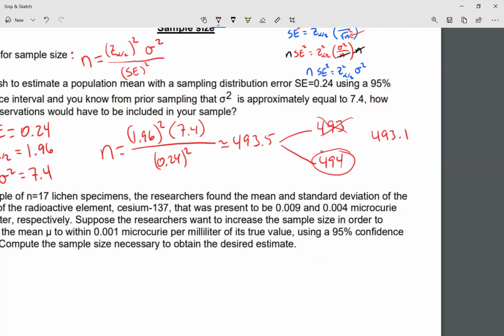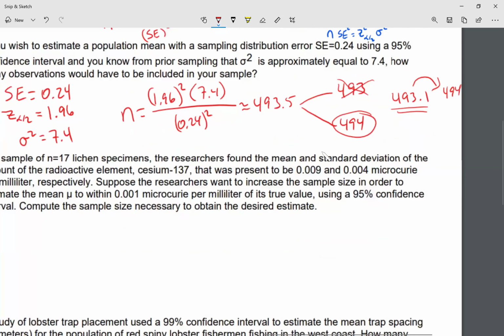You cannot round down. Because remember, if you're doing another example and you get this, what that says is less than 493.1 is not good enough. So 493, not good enough. That number would also round up to 494. Like I said, in this case, we are rounding up.